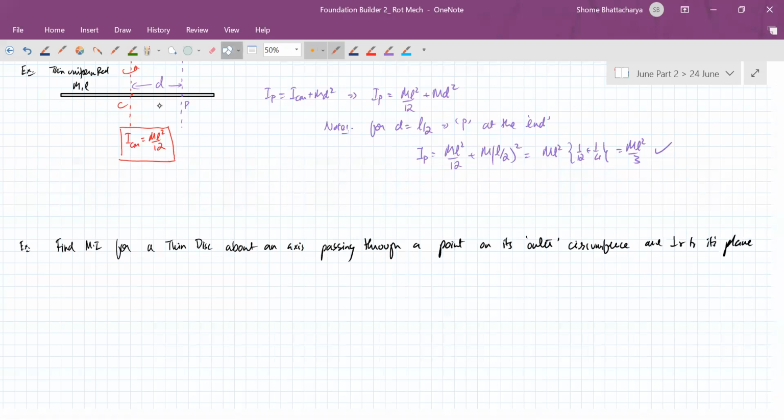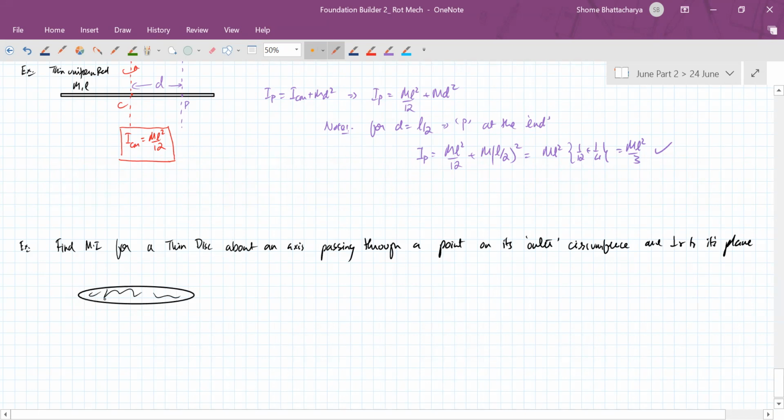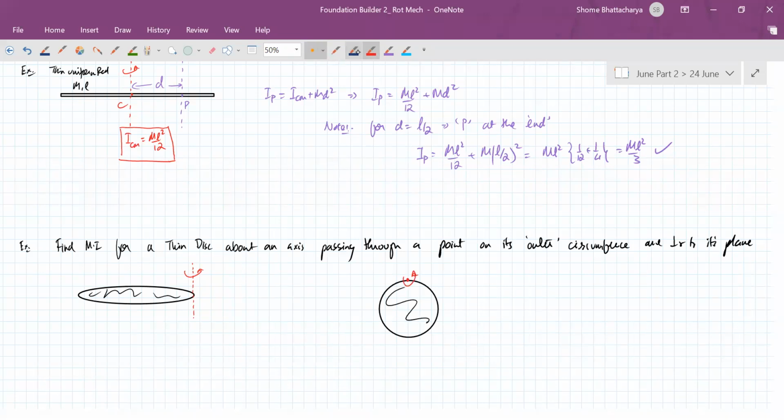So basically, consider this like your disk, and now this is the axis of rotation, like this. Or if you consider a two-dimensional diagram, you're looking into the disk front on, and your axis of rotation is right over here, coming out of the plane. The rotation is happening about this axis. The mass of the disk is M and the radius is R.